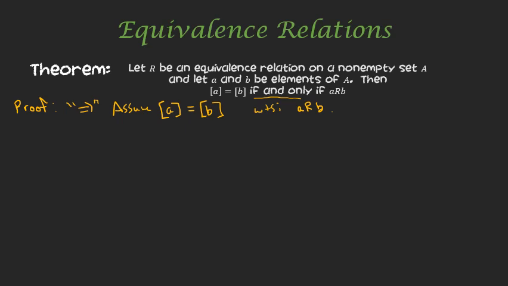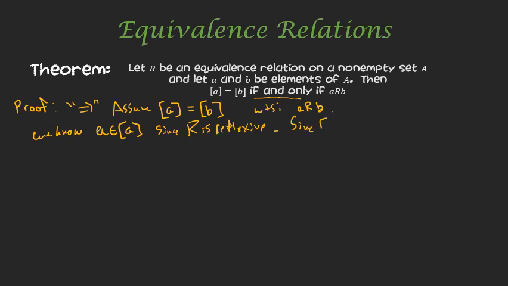We know a is in the equivalence class containing a since R is reflexive. Right? Every element is related to itself, and so the equivalence class containing a contains the element a, since R is reflexive.